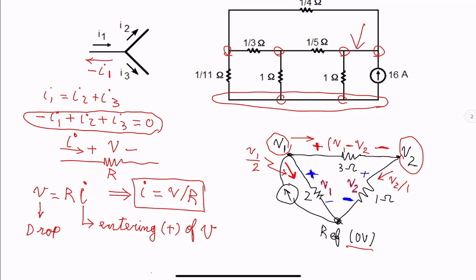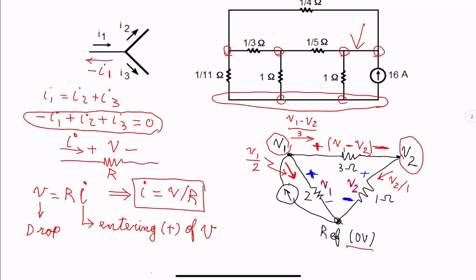So it's V1 minus V2, as simple as that. So we would get V1 minus V2 over 3. V1 minus V2 is kind of obvious. It's simply Kirchhoff's voltage law.